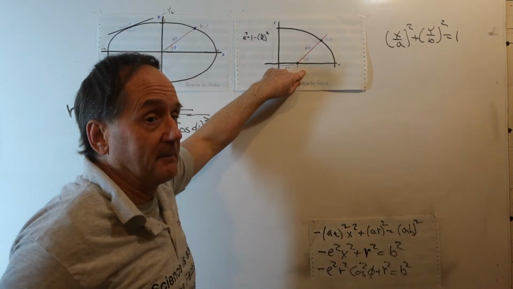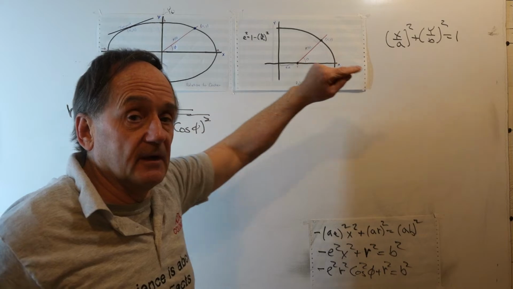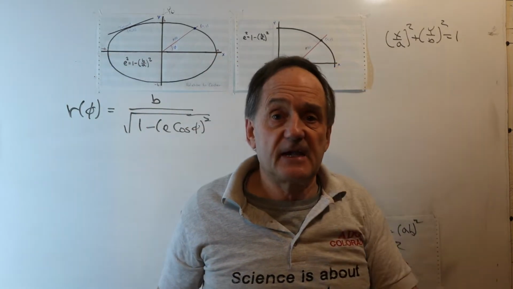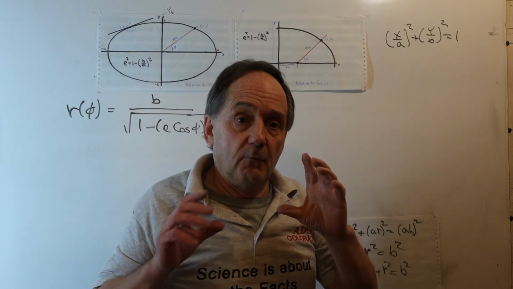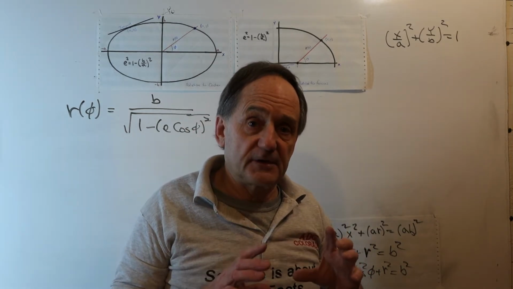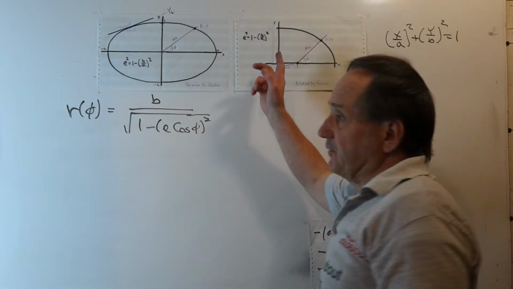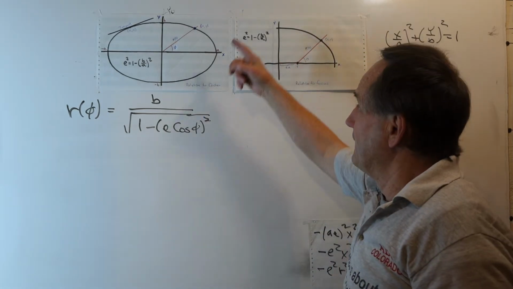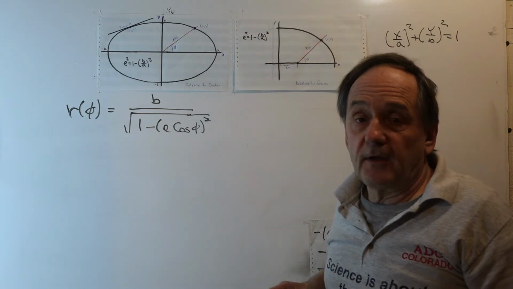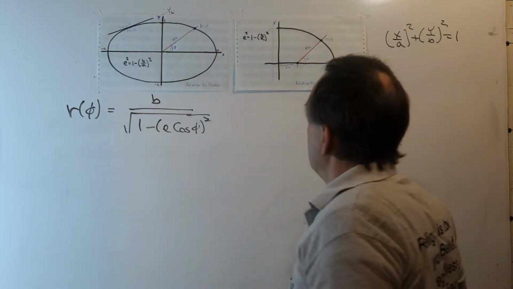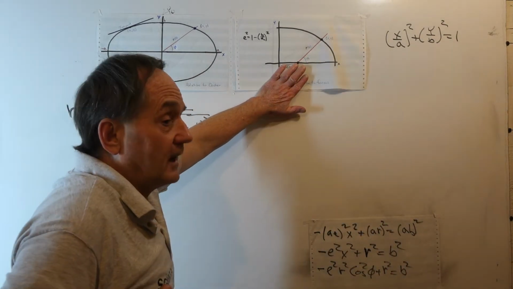And this is more applicable to celestial or space mechanics because planets and satellites orbit about a central mass, where the central mass is at the focus of the ellipse. This is one of Kepler's laws. Kepler's first law states that all orbits are ellipses with the sun at a focus, or the major body at the focus. I'll talk about this later.